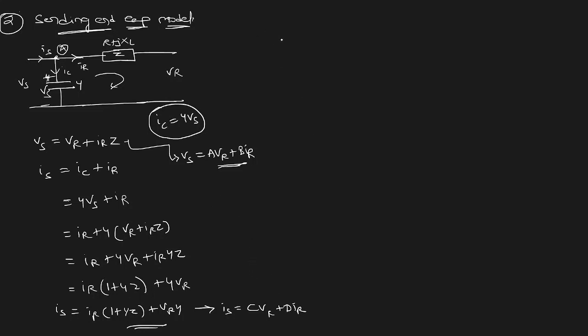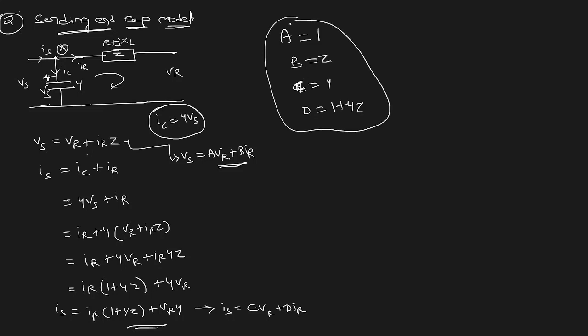Now we get A equal to 1, B is equal to Z, C is equal to Y, and D is 1 plus YZ. These are the ABCD parameters. We will write them in matrix form: 1, Z, Y, 1 plus YZ. Right. Done.